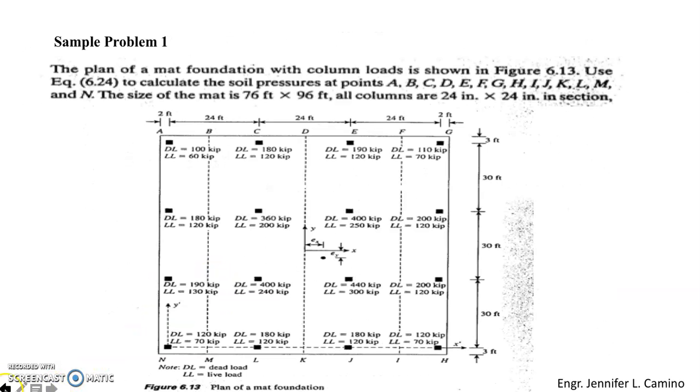So since our service load, which is our total column load, is 5,780, multiply that to x prime, and that would be equivalent to the column load multiplied to the distance from the center of the column load towards the reference point. So for this example, this is our reference point.